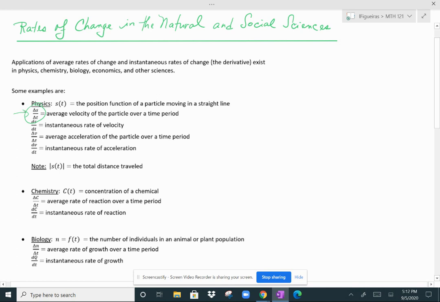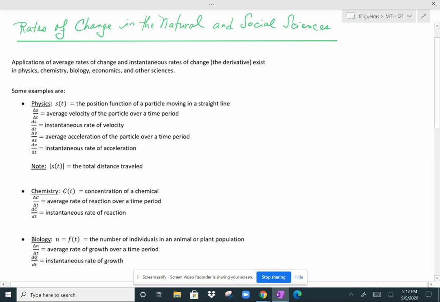So change in position over a change in time will give you the average velocity of a particle over some time period. The derivative of S, which is S prime or ds/dt, is what we call our instantaneous velocity or instantaneous rate of change of position.